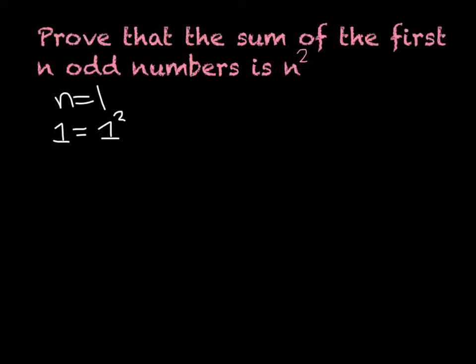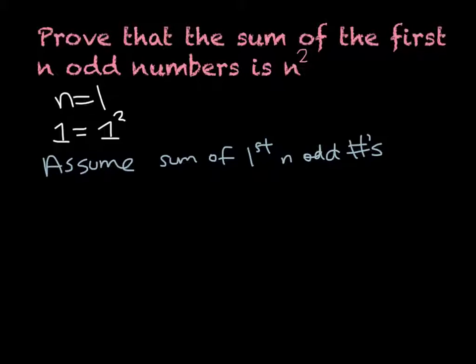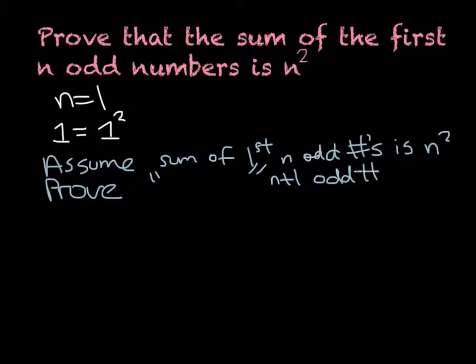Now, we're going to assume that the sum of the first n odd numbers is n squared, and we need to use that to prove that the sum of the first n plus 1 odd numbers is n plus 1 squared.